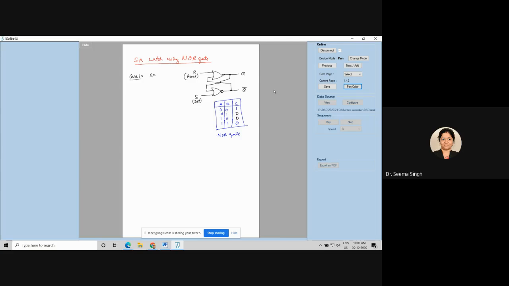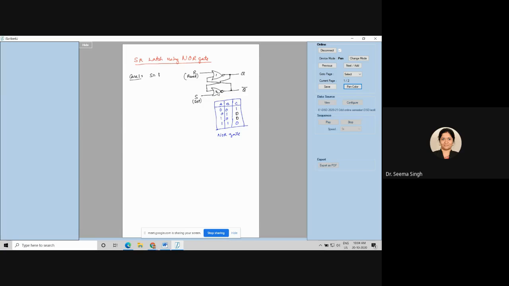In case 1, when set is 1, we will not bother what is the previous state, because you can see in the NOR gate circuit that if any one of the input is 1, output is forced to be 0. When one of the input is 1, without bothering about the second input, output is forced to be 0. So if this second NOR gate is having S equal to 1, it will not bother what is coming as the other input.